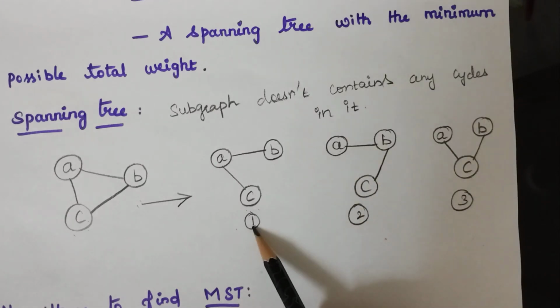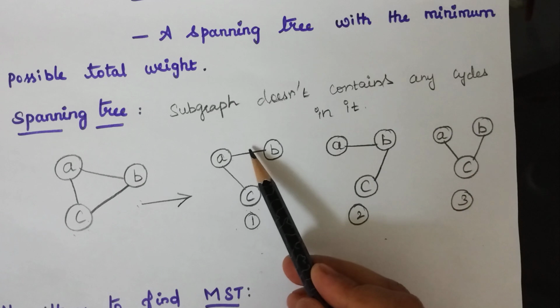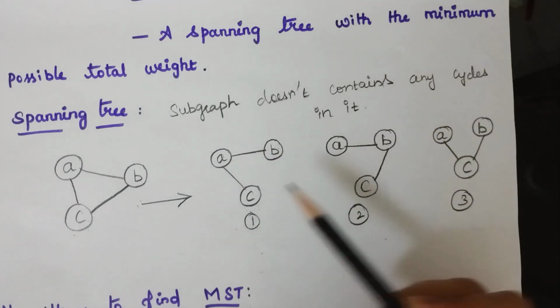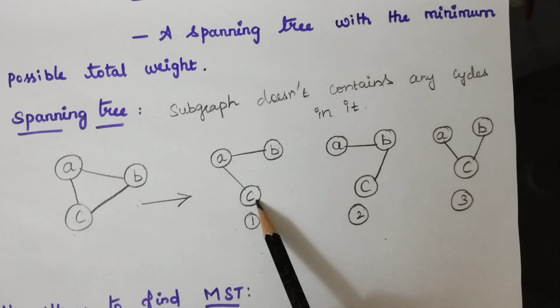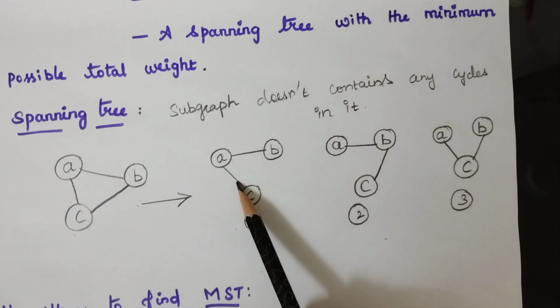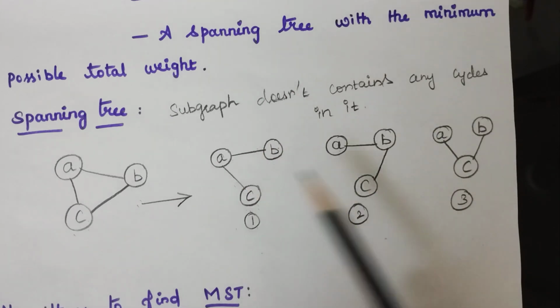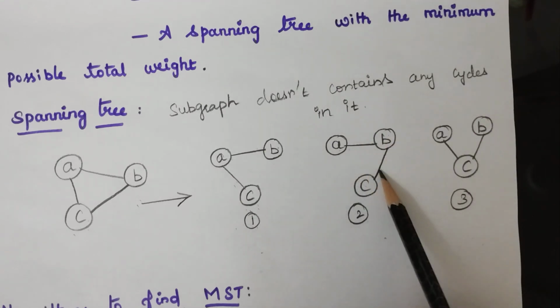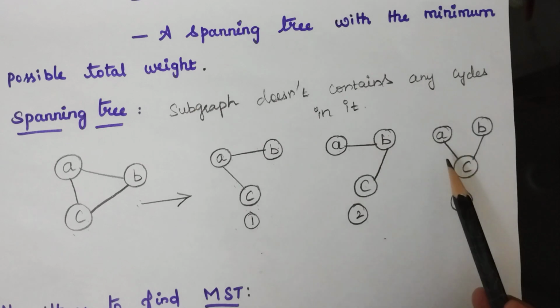If you look here, whenever you have a spanning tree, the number of edges is always equal to the number of vertices minus 1. There are three vertices here and the number of edges is 2. In the same way, in this graph also we have three vertices and two edges, and here also three vertices and two edges.